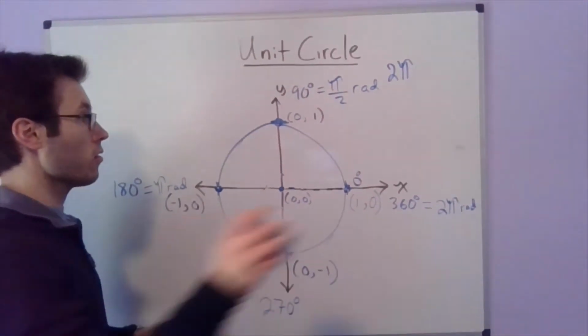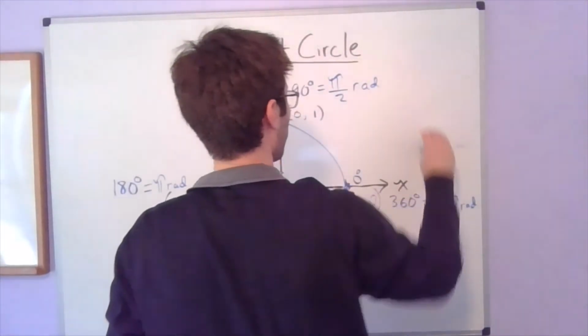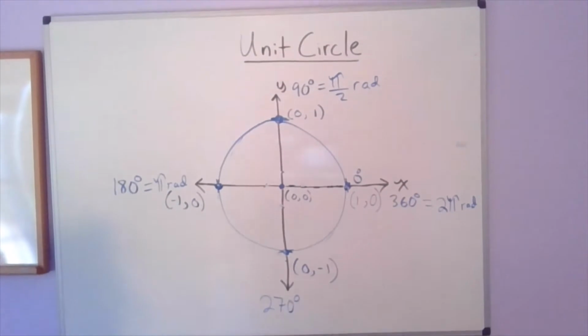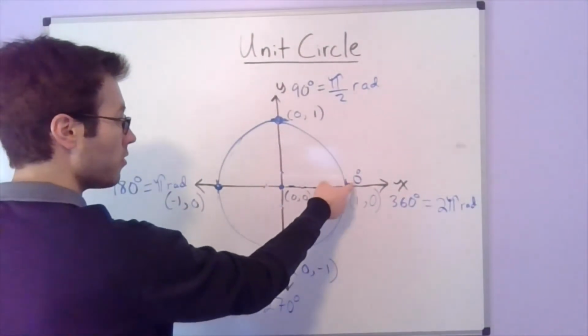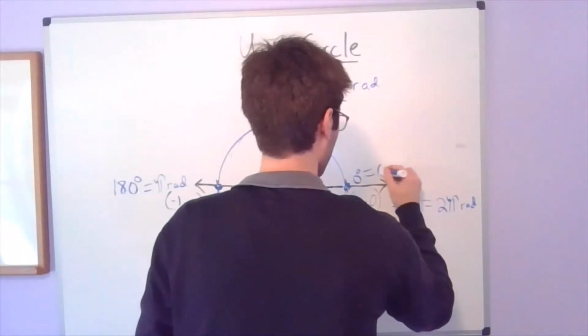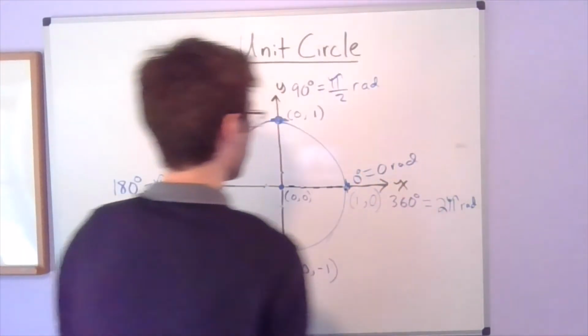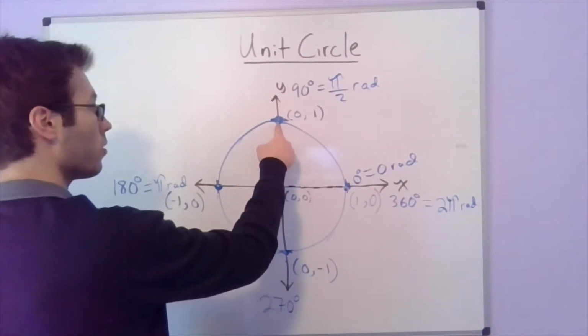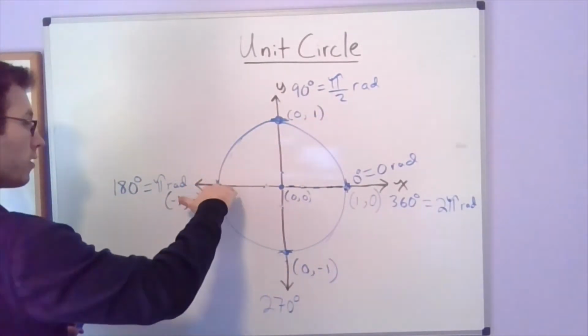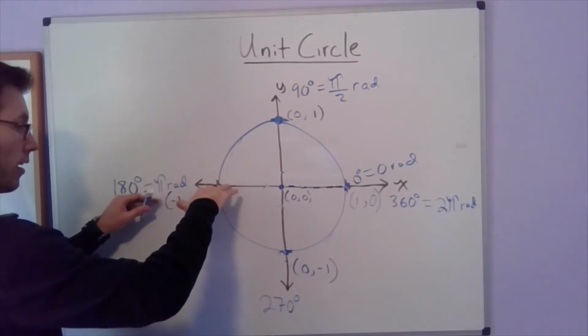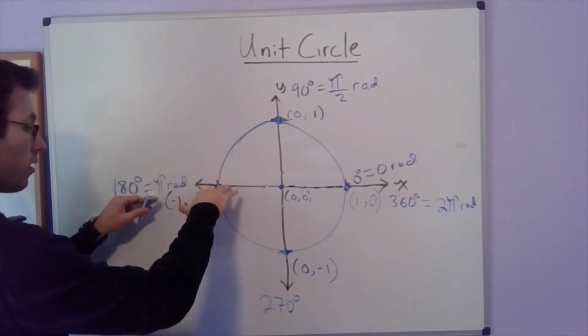Here, I'm going to erase this. All right, so this would be 0 degrees or 0 radians. This would be pi over 2 radians, plus another pi over 2 is pi radians. So this is our pi radians over here.